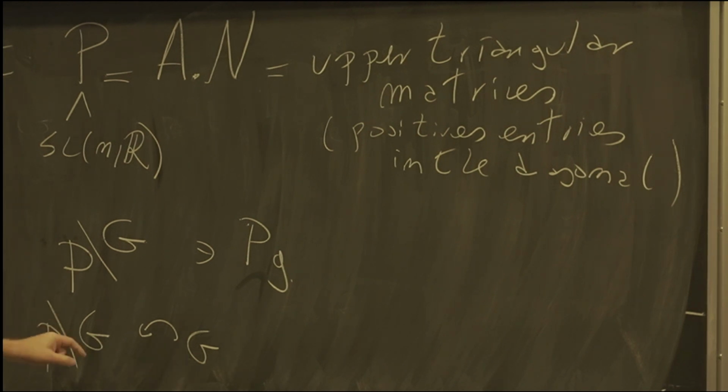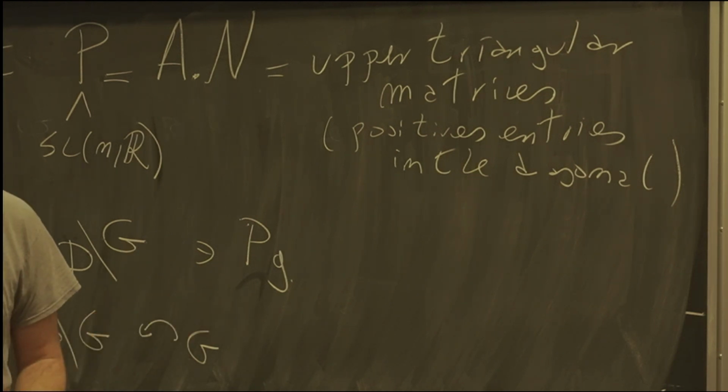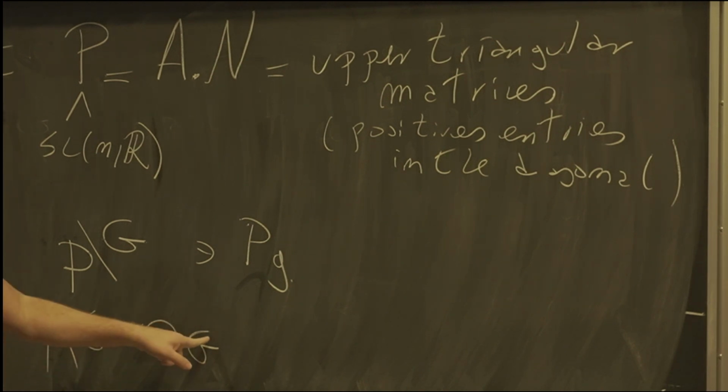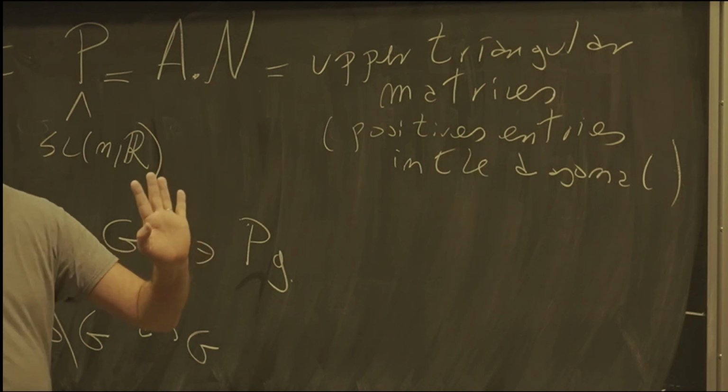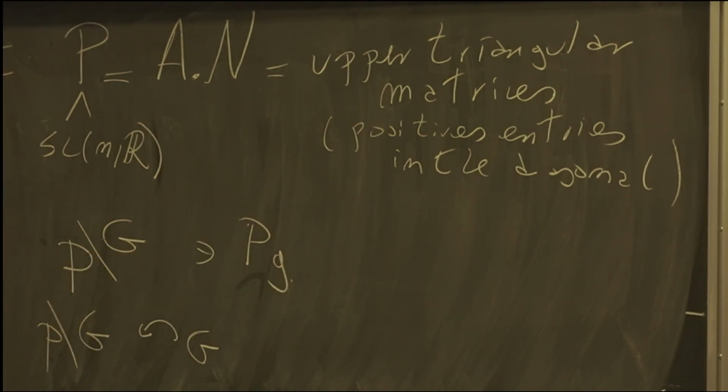Yes, the quotient is compact. So individual elements will have an invariant measure, but when I try to make it invariant by more elements, then I will not be able to do it. Okay? So there is no invariant measure which is invariant at the same time for everyone.